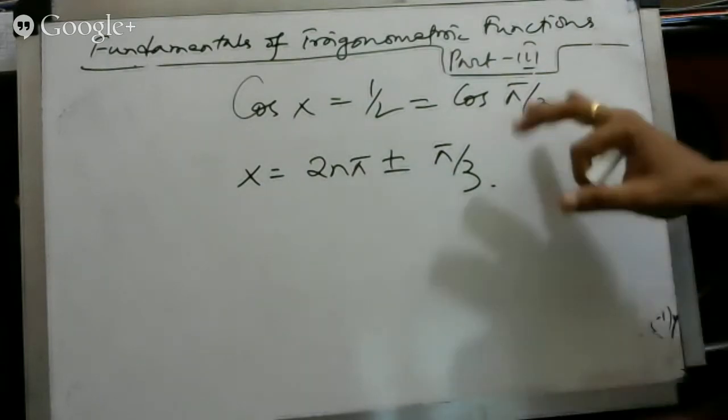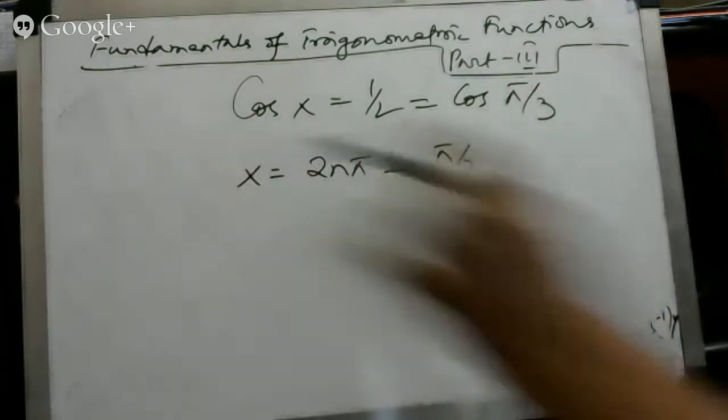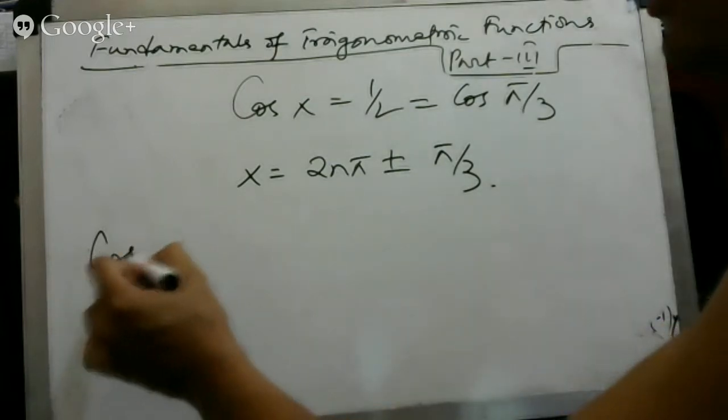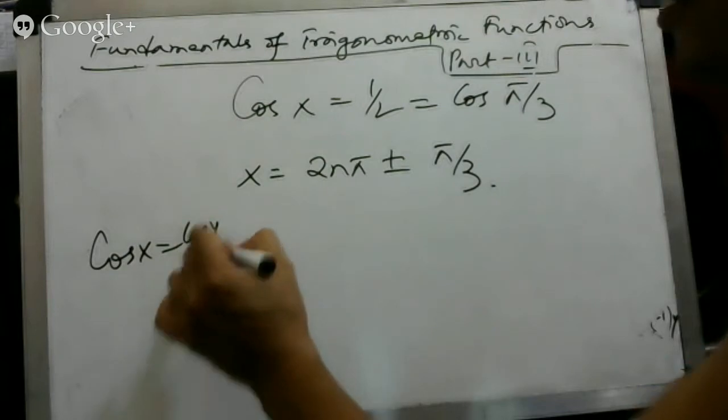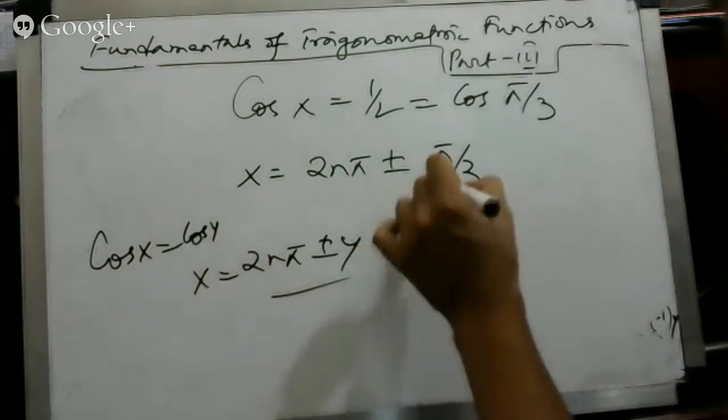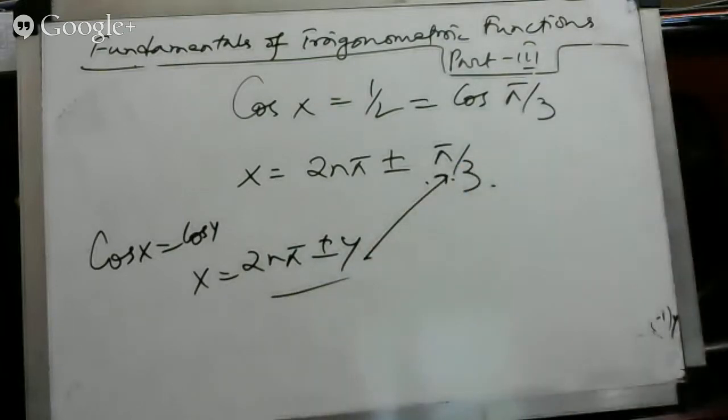This is because we just proved that when cos x is equal to cos y, x is equal to 2n pi plus or minus y. So this is the same thing we used over here.